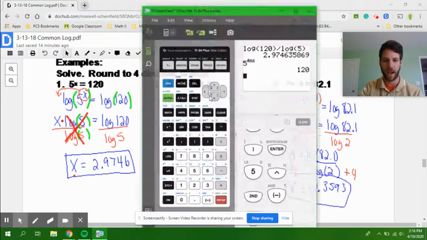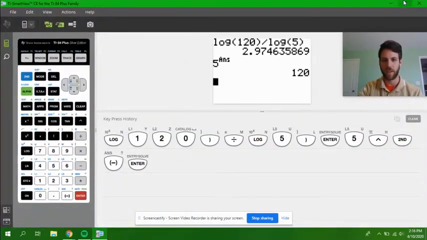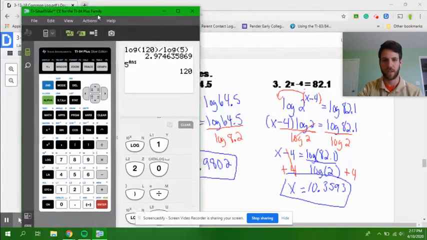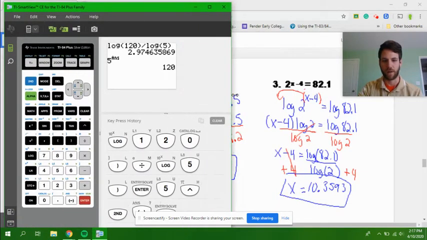So let's grab our calculator again, and we want to see if we can check this answer for our logarithm here.